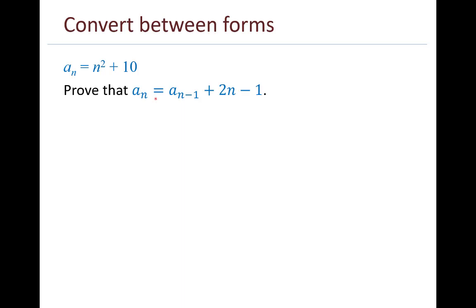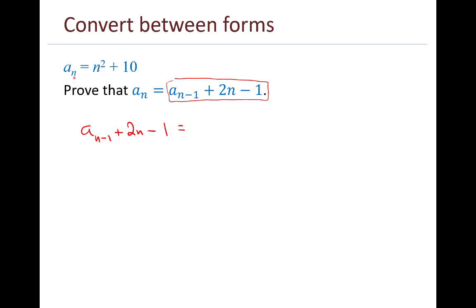Okay, the trick is, start with the really big complicated side and simplify that down to see that it actually equals a sub n. All right, so here we go. A sub n minus 1 plus 2n minus 1 equals. Now what am I going to substitute for a sub n minus 1? I know my closed formula.